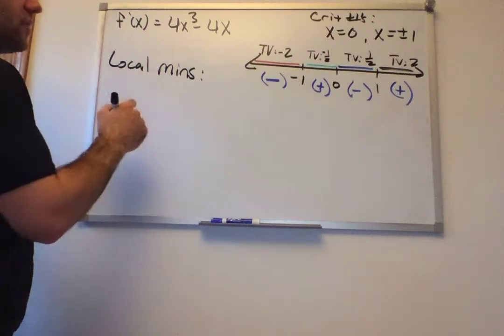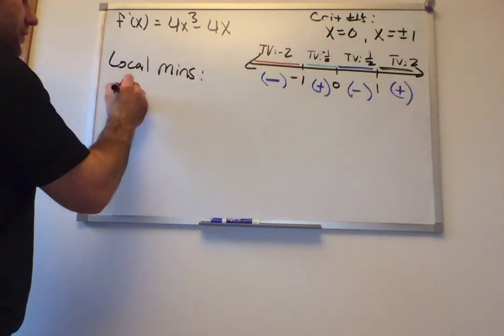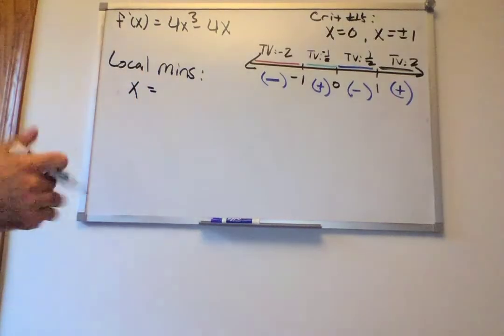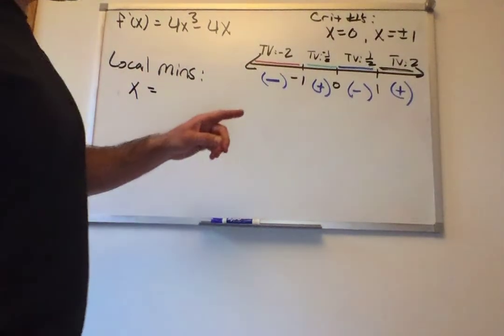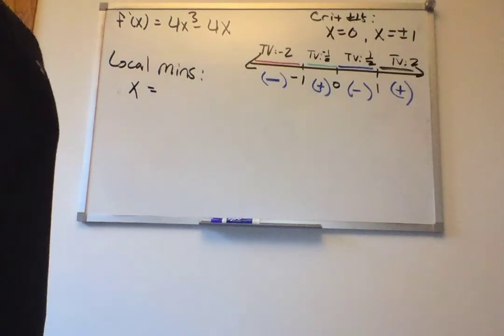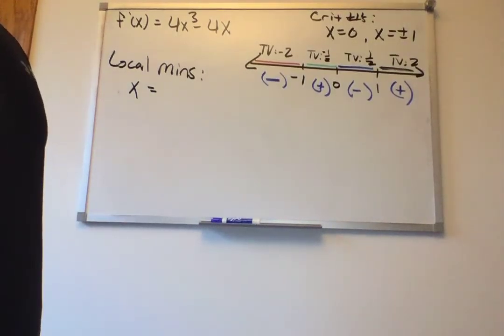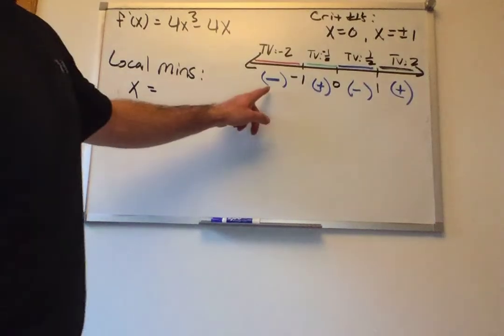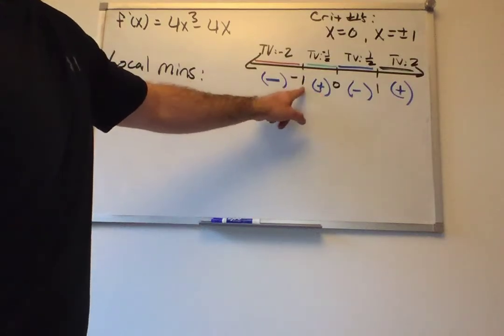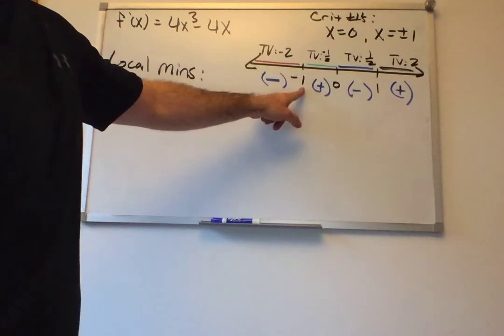So there's a local min at x equals, well, let's see. Local minimum is letter B. If the derivative f prime changes from negative to positive at C, well, right here the derivative changed from negative to positive at our critical number C of -1.